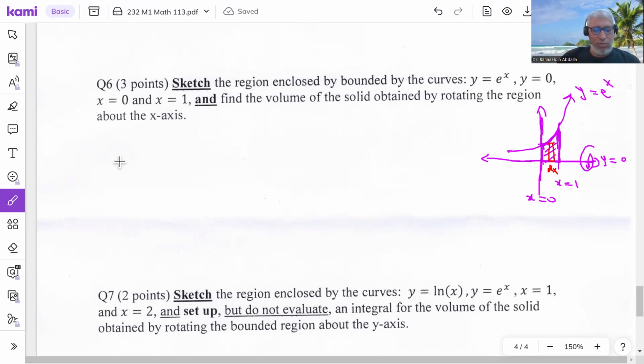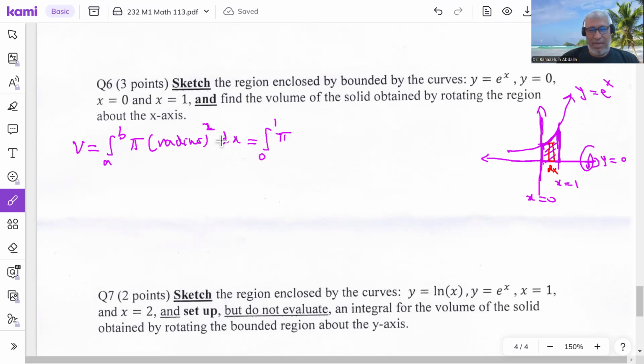So what would be the formula? The volume would be the integral from a to b of pi radius squared dx, because the width of the rectangle is dx. So x runs from where to where? From a to b, here from 0 to 1.